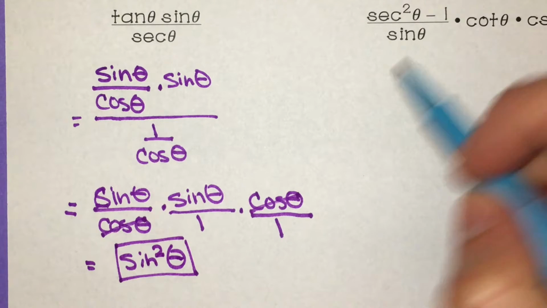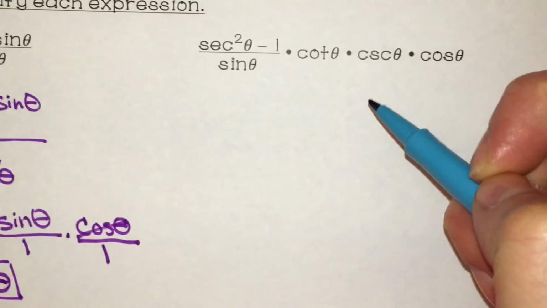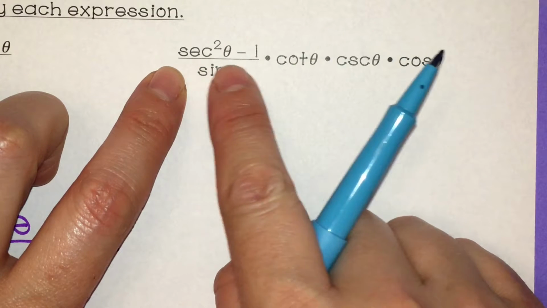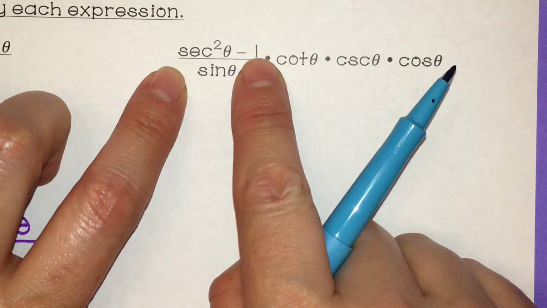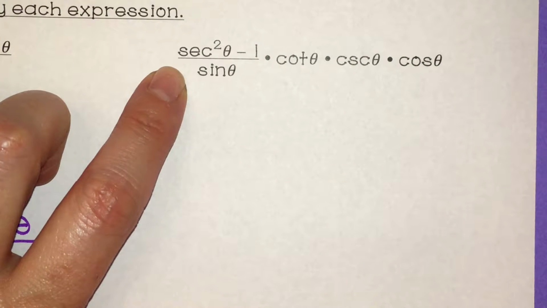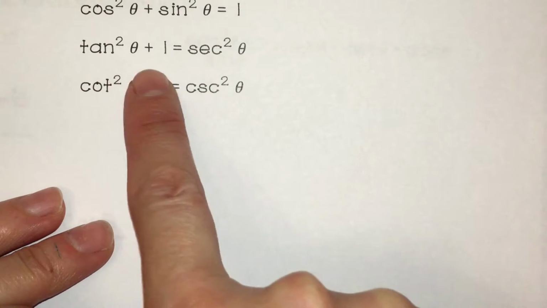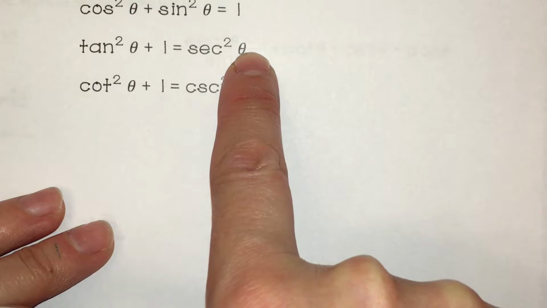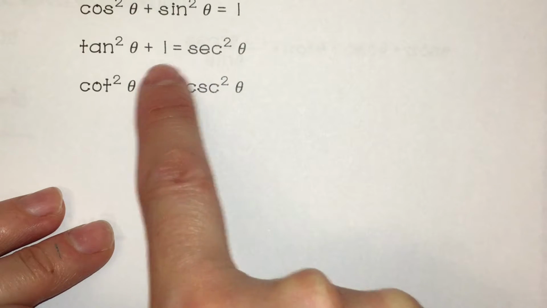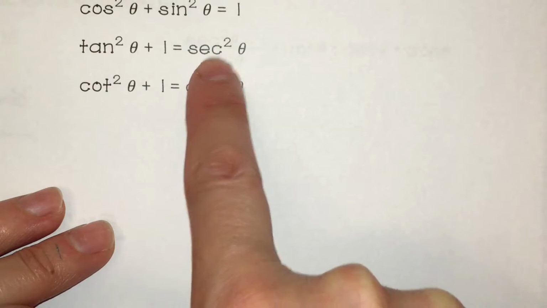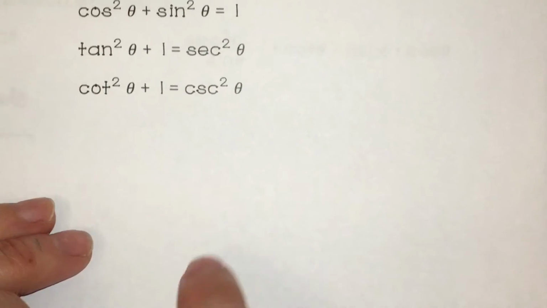All right, this one, we have a few more things going on over here. I have secant squared theta minus 1. Okay, so if I look back, I know that tangent squared theta plus 1 equals secant squared theta. But if I subtract 1 from both sides, I would get tangent squared theta equals secant squared theta minus 1.